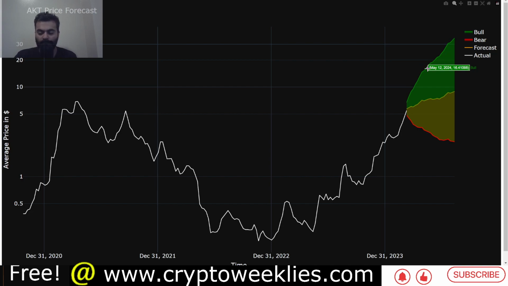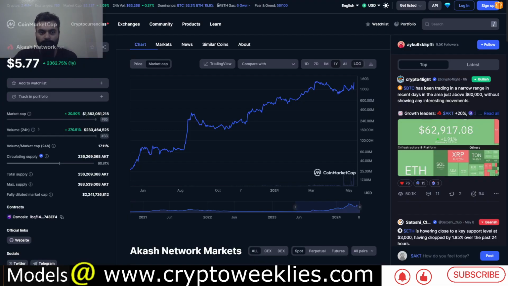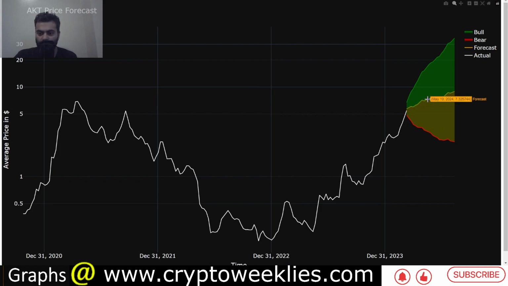Our model had forecasted a theoretical ceiling for Akash at around $16 to about $35 till the middle of August. The price, you can see, is at around $5.77. So it is still slightly below what our base case forecast for Akash was at this point in time. When we had trained the model, the price was at a similar level, around $5.47.